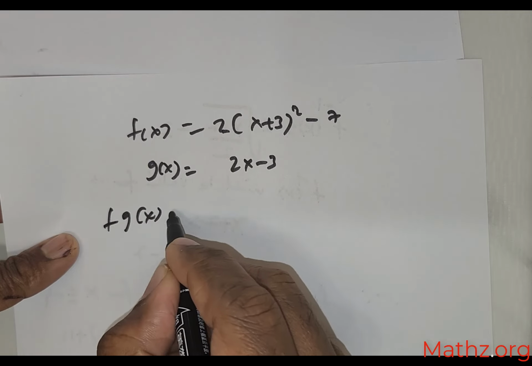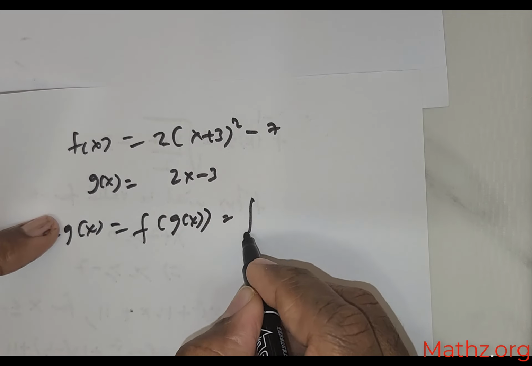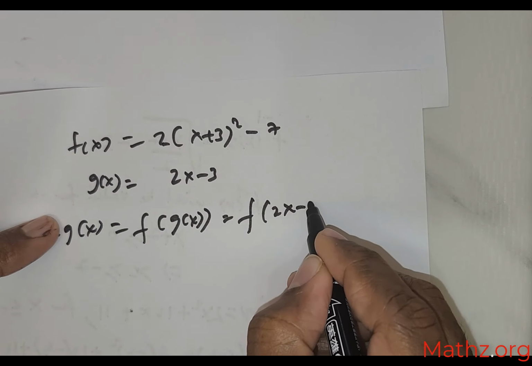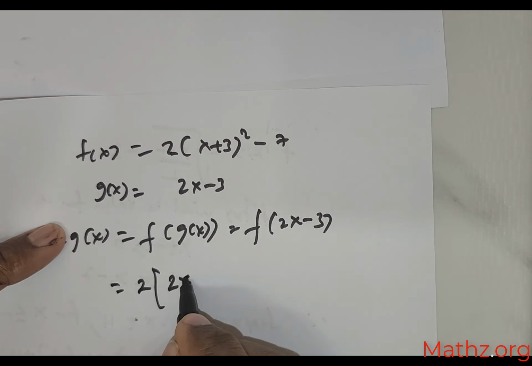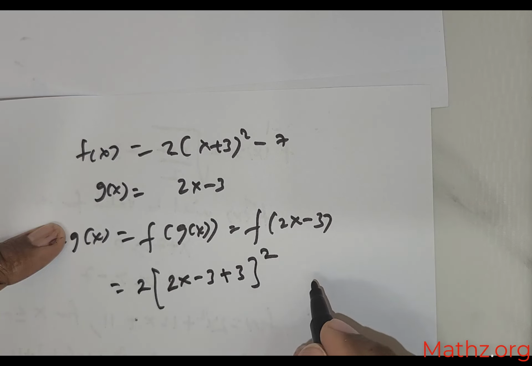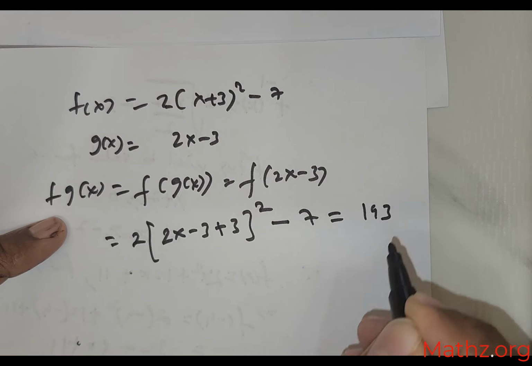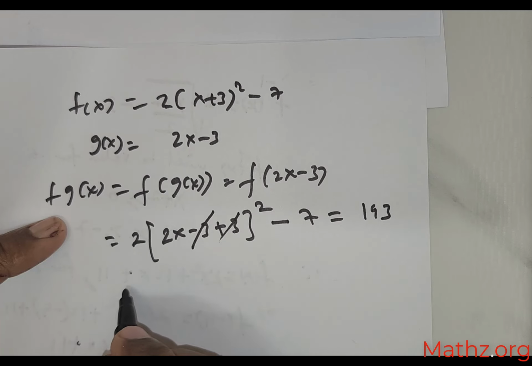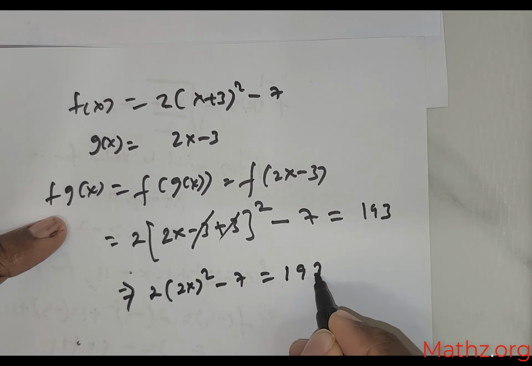So f g of x is nothing but f of g of x, which is equal to f of 2x minus 3. Take this and substitute here. So this is going to be 2 times 2x minus 3 plus 3 the whole squared minus 7, and this has been given to be 193. So negative and positive 3 go off. This will give me 2 times 2x the whole squared minus 7 is equal to 193.